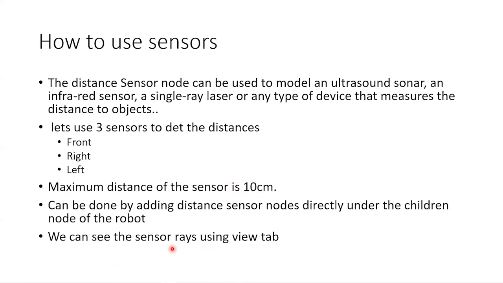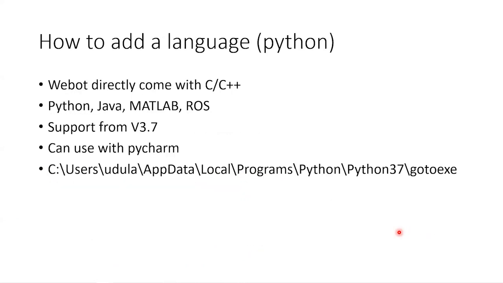Then this sensor, okay, I will show this. Then if I talk about the languages, Webots is pretty capable of running many languages. As examples, Webots is capable of running Python, Java, MATLAB, and ROS.